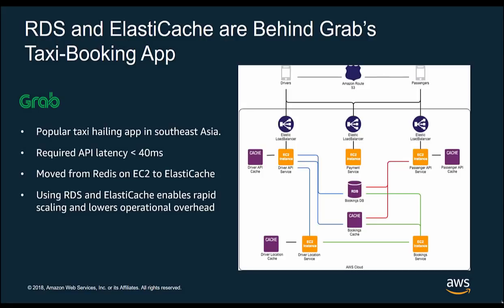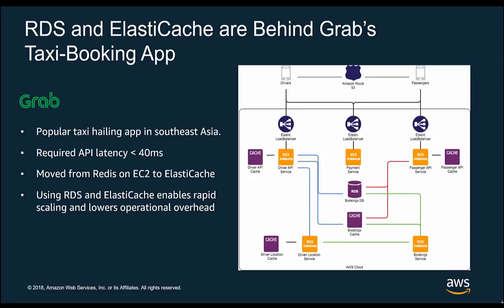Initially, they were running Redis on EC2, but found that there was, like I said earlier, a lot of undifferentiated heavy lifting. They spent a lot of time managing the Redis cluster rather than being able to focus on the application and the thing that really differentiates them as a business. And so they decided to move from Redis on EC2 into ElastiCache so that they could scale their employees as well as scale their Redis infrastructure.